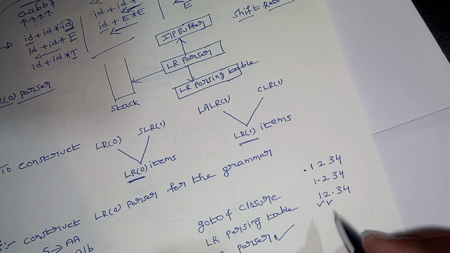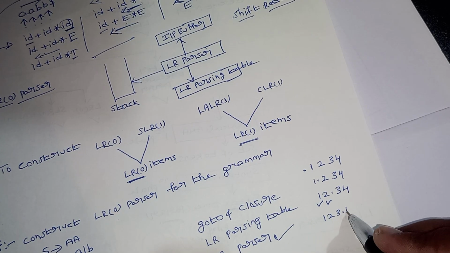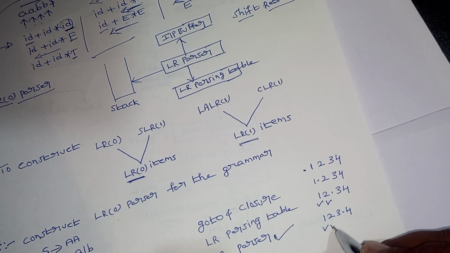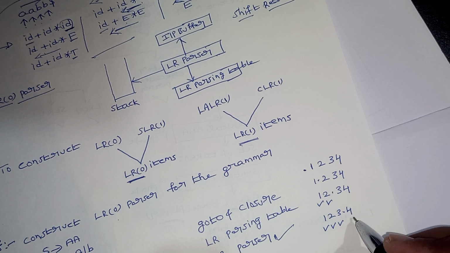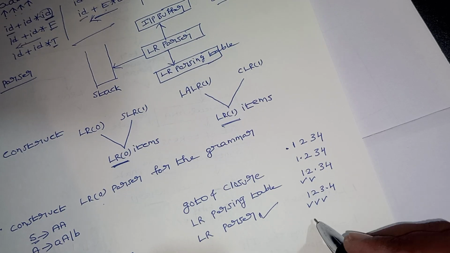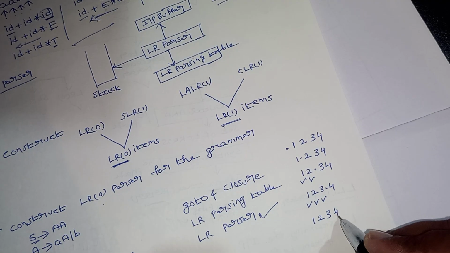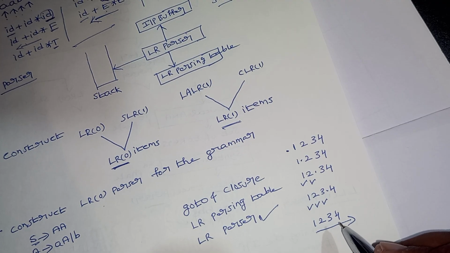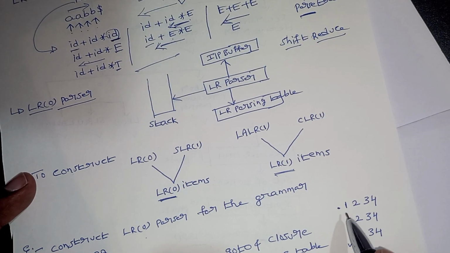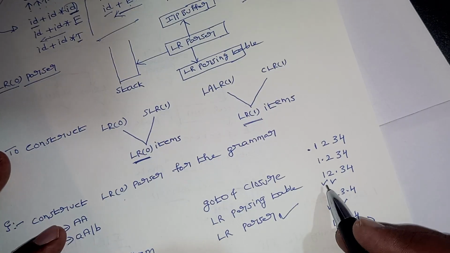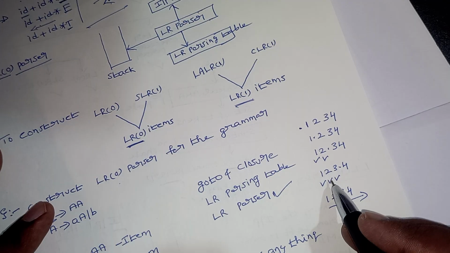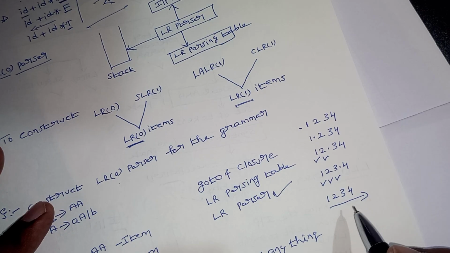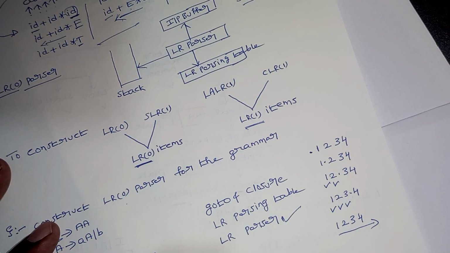When you write 1 2 3 dot 4, I have completed first, second, third year. Still the fourth year is pending. When you complete everything, 1 2 3 4 dot, you get the B.Tech degree. I didn't see anything, I have seen 1, I have seen 1 2, 1 2 3, 1 2 3 4. I have seen everything, so I am getting the B.Tech degree. Here I am seeing it like that.